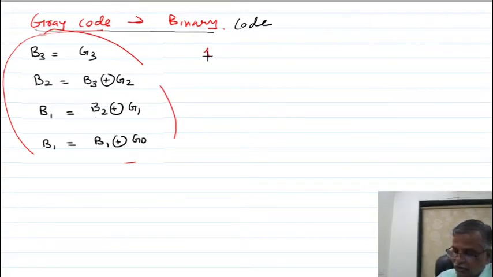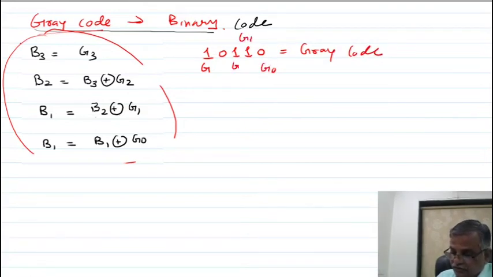Suppose this is your gray code, 1 0 1 0 1 0 like this. G0, G1, G2, G3, G4, 5 bits I have written.